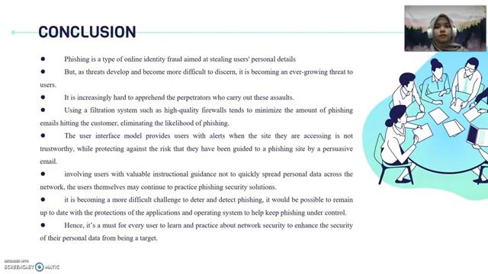Finally, by providing users with valuable instructional guidance not to quickly spread personal data across the network, the users themselves may continue to practice phishing security solutions, while attackers continue to upgrade phishing techniques, and it is becoming more difficult to deter and detect phishing.